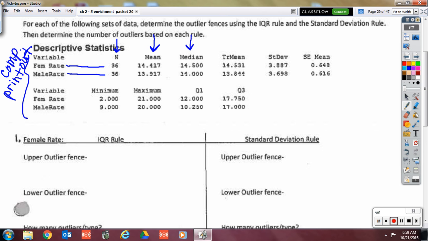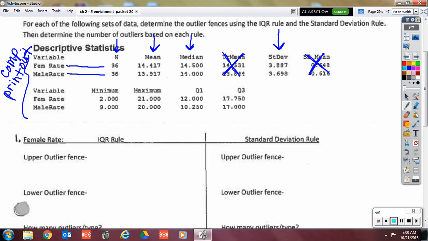Here you can see the median. Now, this trimmed mean is not ever going to be used with us this year. If you use the standard deviation rule, then here's where those standard deviations are located. And of course, again, the top line is females, the bottom line is males. And this standard error of the mean, that's not something that we will talk about ever either. So you don't even need to mess with that.